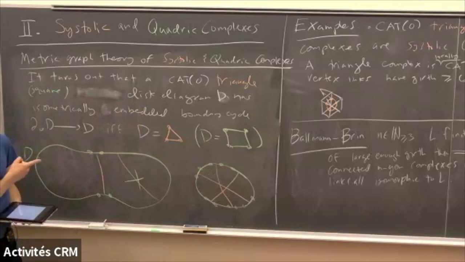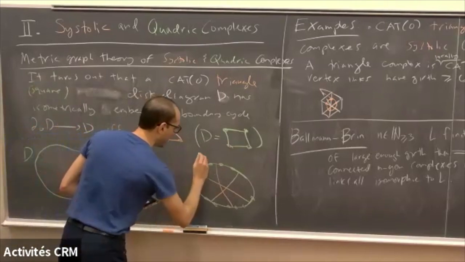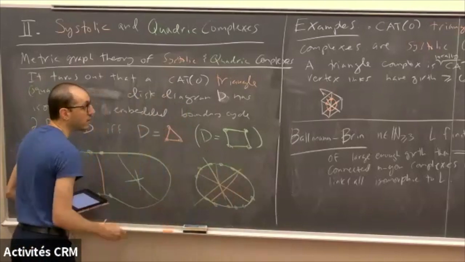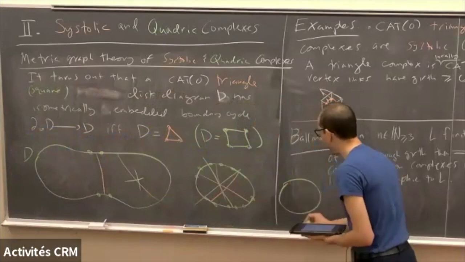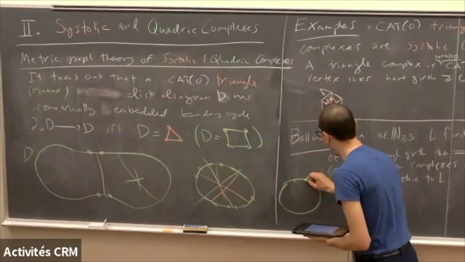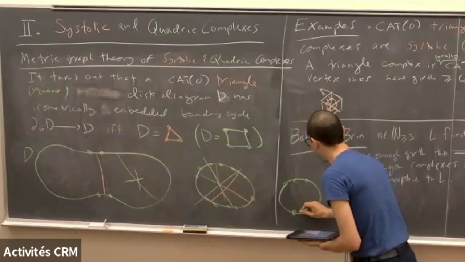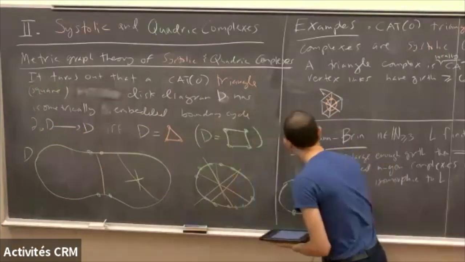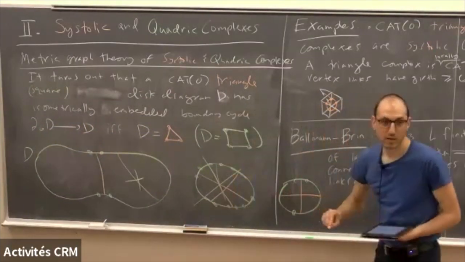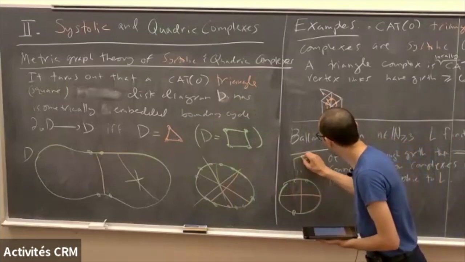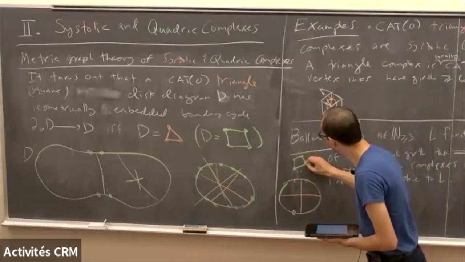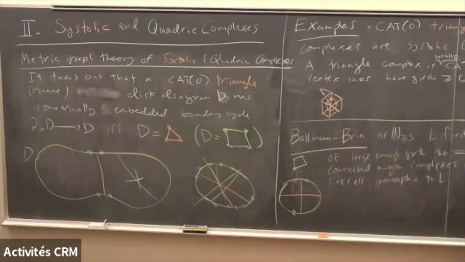But this is a square complex, it's two-dimensional, there's no cube. So that can't happen. If you think about it, you'll see that the only possible way the hyperplanes can interact is this way, and that corresponds exactly to the disk diagram being a single square.